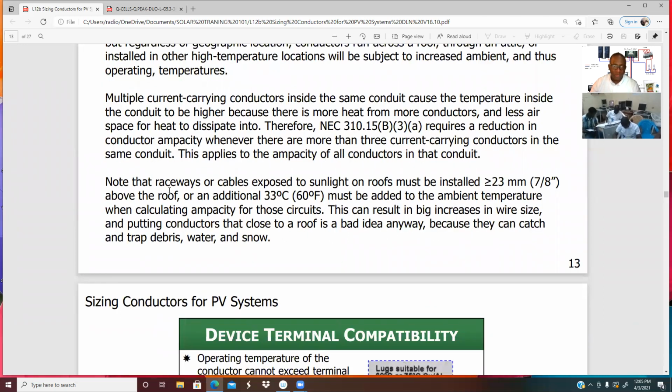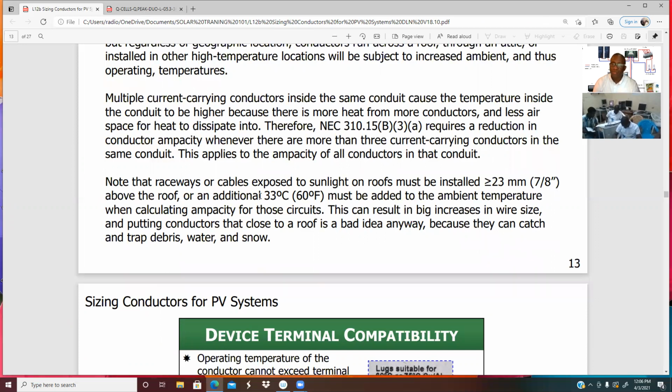Now, a raceway or cable exposed to sunlight on a roof must be installed greater than or less than 23 millimeters, 7/8 inch, above the roof, or an additional 33 degrees Celsius or 60 degrees Fahrenheit must be added to the ambient temperature when calculating ampacity for those conductors.